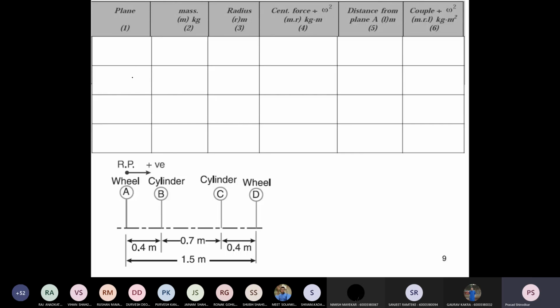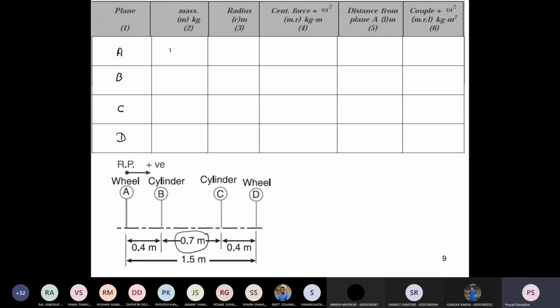So construct this table, and the planes of rotation will be A, B, C and D. So A, B, C and D are the four masses. Distance between B and C is given as 0.4 meters, and the distance between the wheel base is given as 1.5 meters.